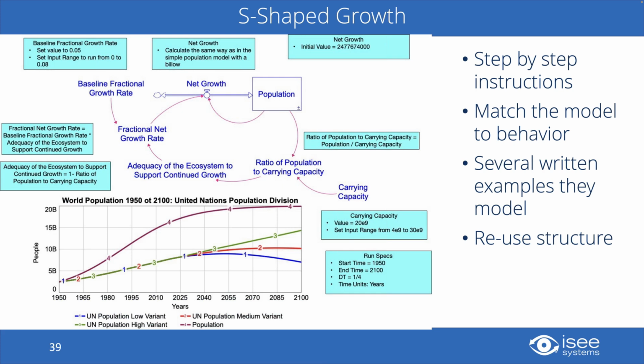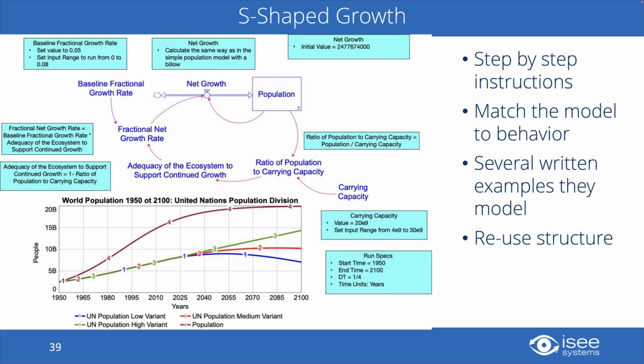We've given them all the information they need, and the goal is to get them to match up the simulated population to the actual historical world population, as well as the projections from the United Nations. What we're doing is showing them a couple of things. One is how the S-shaped model works, and then the idea that you can match up the historical data.